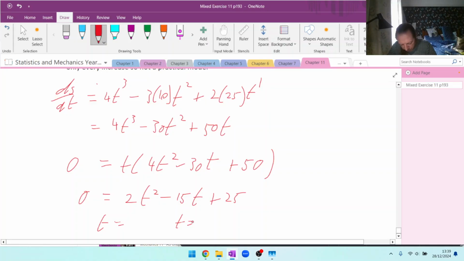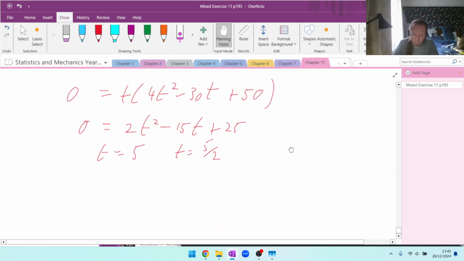One of them is 5 as expected, and one of them is 5 over 2. The other one would have been t equals 0.